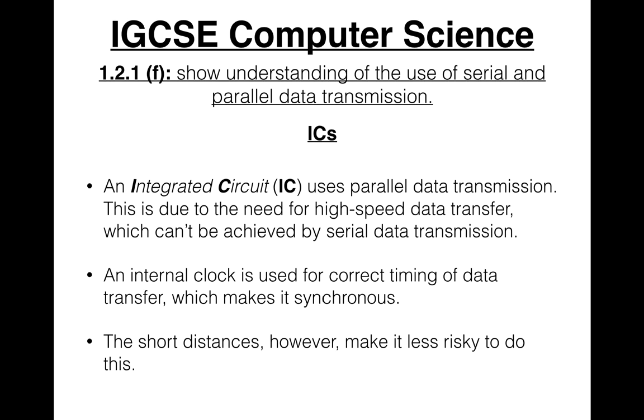If you were to transmit data using parallel data transmission halfway across the world, then yeah, that might pose a problem. But with such a short distance, it might not, and therefore you can get high speed with less risk.